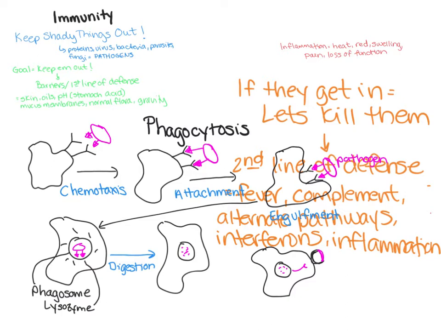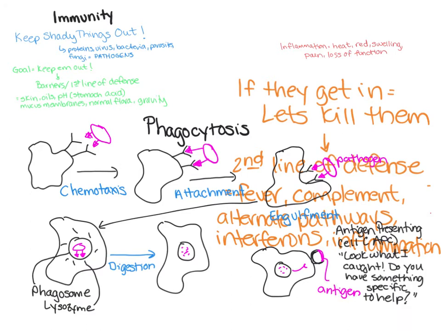The pathogen can't really do anything anymore. It's been digested, it's been broken up. And then the next cool thing that's going to happen, which we'll talk about in my next drawing, is that those little broken up pieces of the pathogen are going to be inserted into part of a cell. That's going to be our next important stage of phagocytosis.